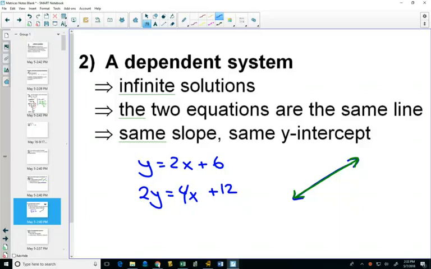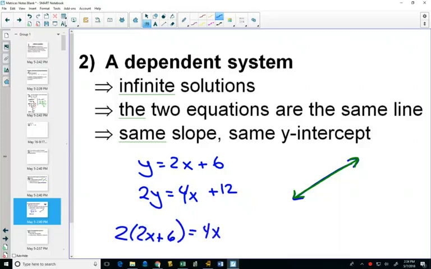If you try to solve these, you get some interesting facts. For example, if I tried to use substitution here, y is equal to 2x plus 6, and I didn't recognize that they were the same. And this sometimes happens. You get into your modes of using substitution or elimination to solve things, and you're like, oh, well, I just have to plug in 2x plus 6 for y.